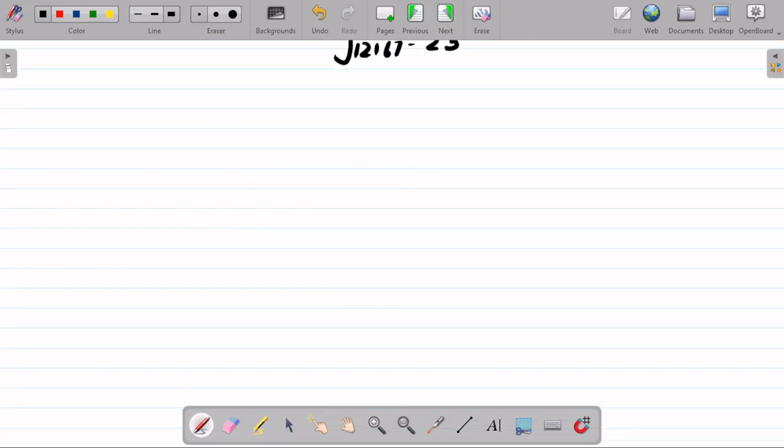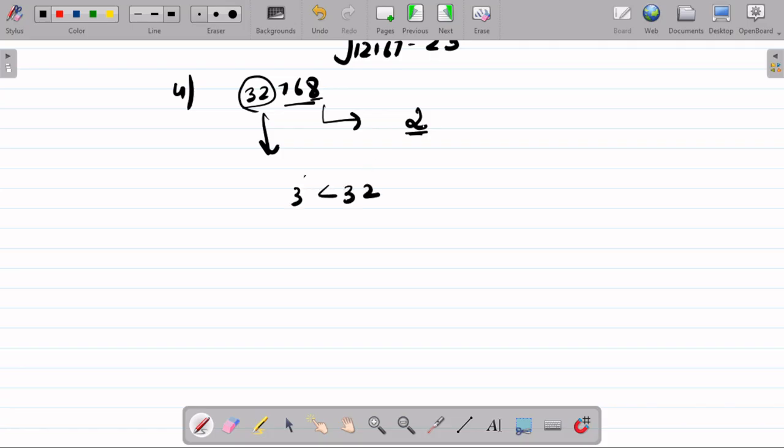And lastly, we have another one, that is 32768. Group 1 is having last digit 8, unit digit 8, so we are getting the cube root at unit place, that is 2. And 32 is lying between 3 cube and 4 cube.